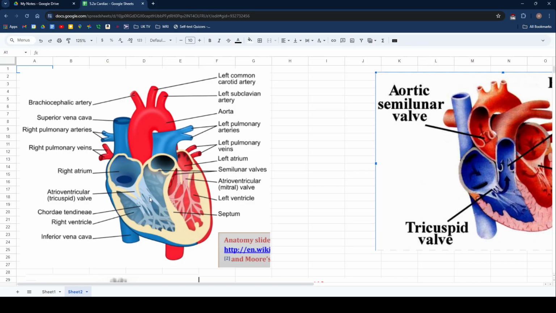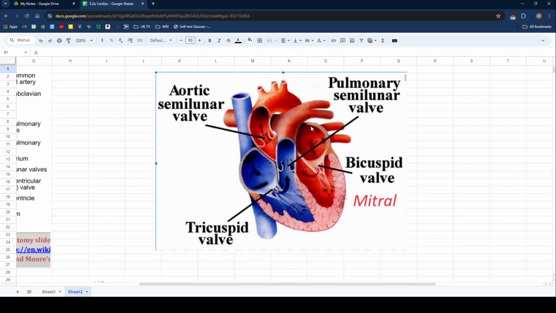Blood will then go this way through the semilunar valve, pulmonary, to the left and right pulmonary arteries, because this is the unique situation where arteries carry blood away from the heart, back to the lungs to get oxygenated, back to the left and right pulmonary veins, to the left atrium, going through the mitral valve, or bicuspid, or atrioventricular, into the left ventricle, which will then go through the aorta. There's brachiocephalic, left common carotid, and left subclavian.